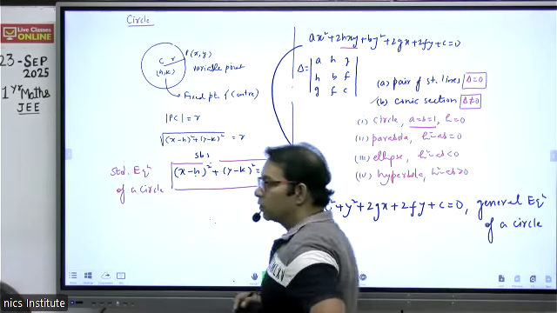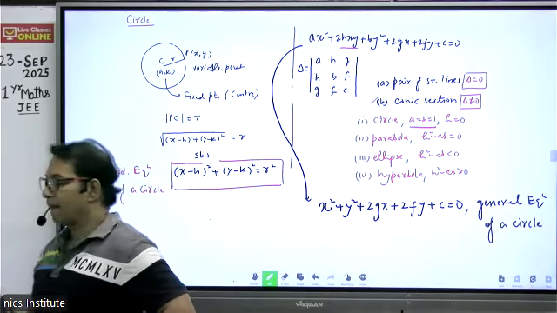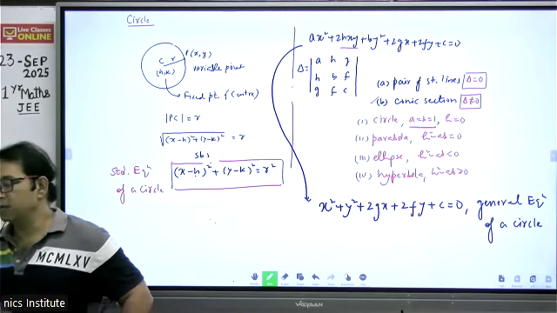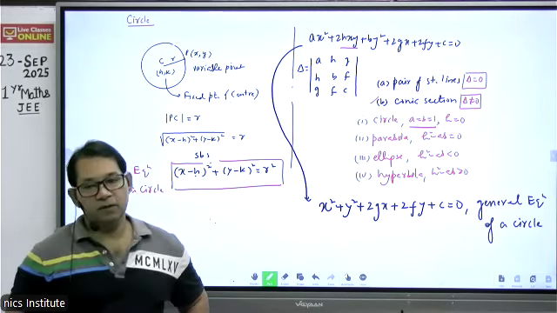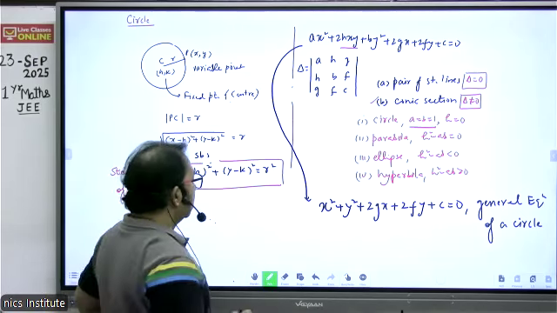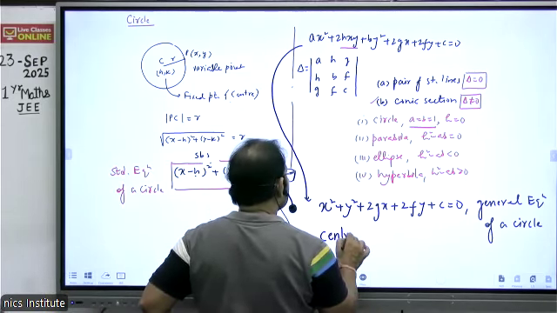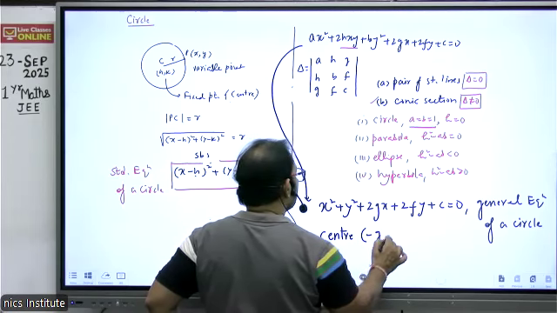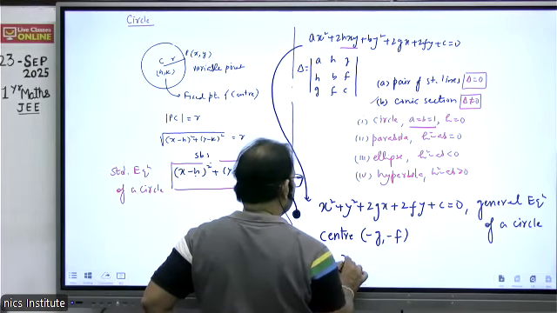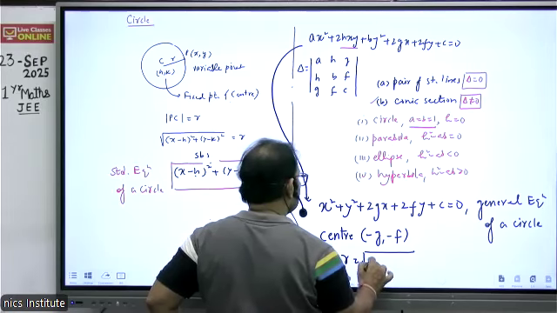And this general equation has center as minus g, minus f and the radius as under root g square plus f square minus c.